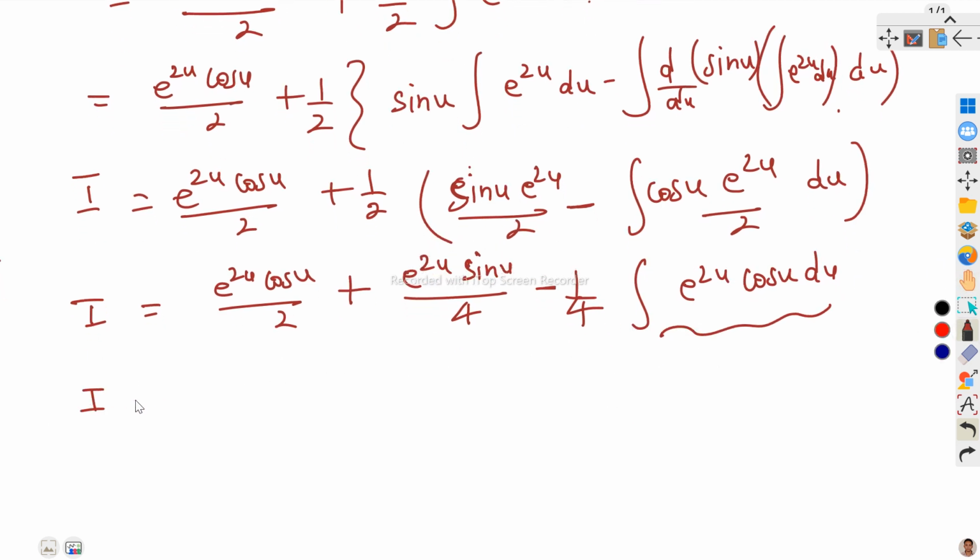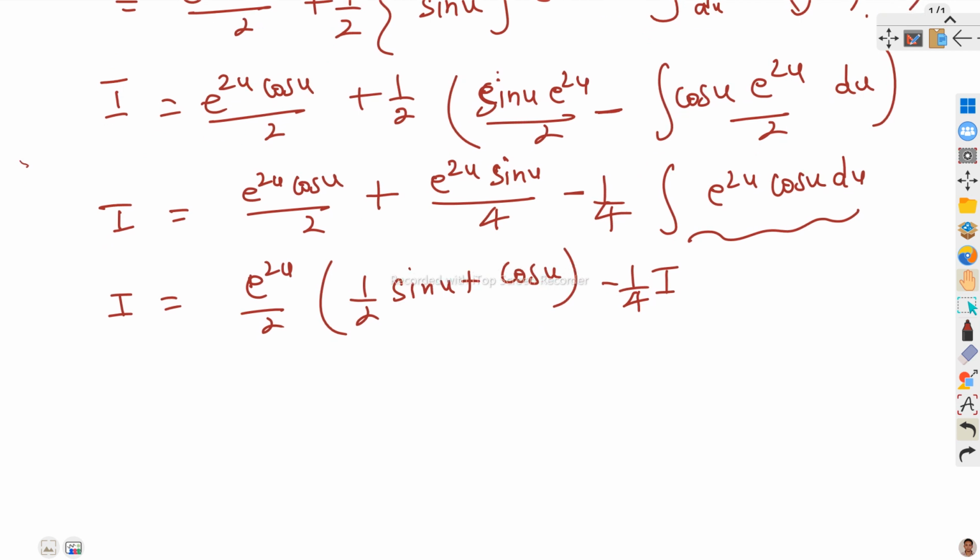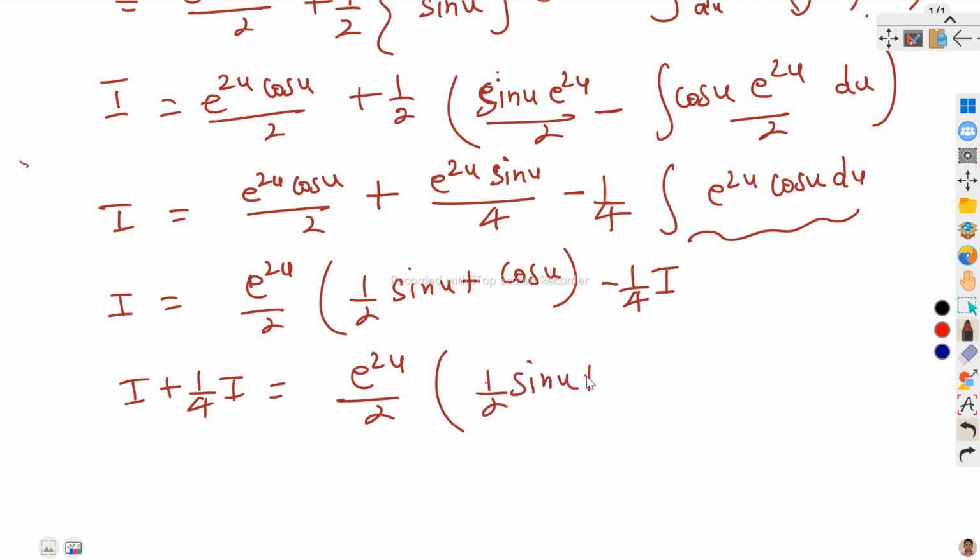We have taken this integral as I, so our integration problem becomes I equals e raised to power 2u upon 2 times (1 upon 2 sin u plus cos u) minus 1 upon 4 I. Adding, this becomes I plus 1 upon 4 I, so 5 upon 4 I equals e raised to power 2u upon 2 times (1 upon 2 sin u plus cos u).